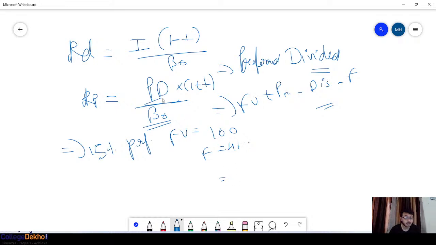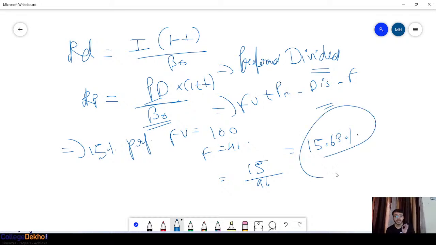Preference dividend is again calculated only on the face value, so it will be 15. Now what will your net proceeds be? 100 minus 4, because 4% of 100 is 4, so 96. 15 by 96 comes out to be 15.63%, which is the cost of preference shares. If tax had been mentioned in the question, you would just have to do 1 plus the tax rate, 1 plus 0.60 for 60%, or 1 plus 0.30 for 30%. That's the case of irredeemable preference shares, or non-redeemable preference shares.